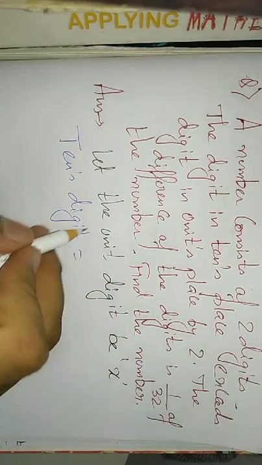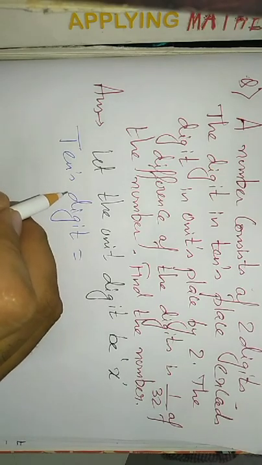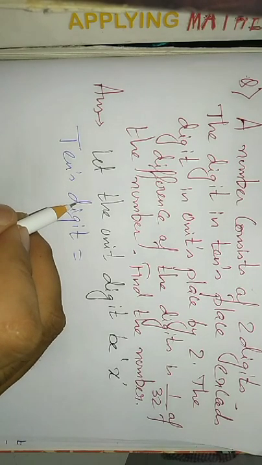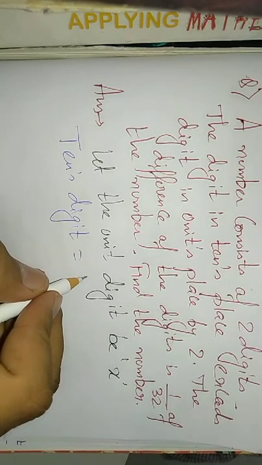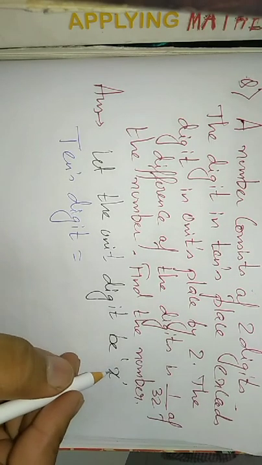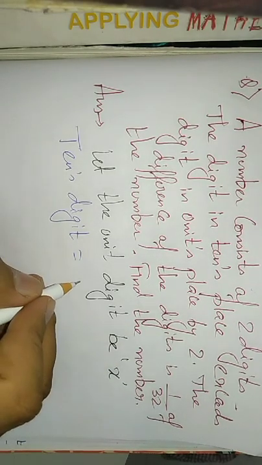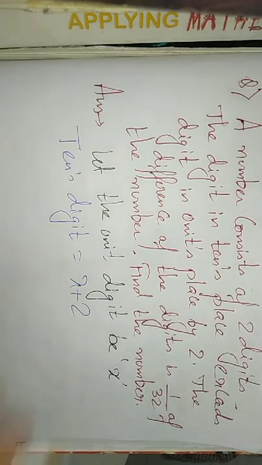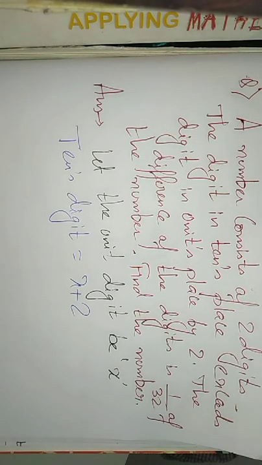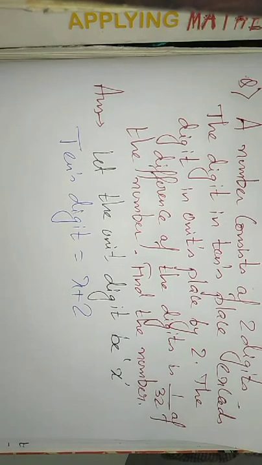The digit in tens place exceeds the digit in units place by 2. Units place digit is x, so what is the value of tens digit? X plus 2. Exceeds means greater than. So tens digit is x plus 2 and the unit digit is x.